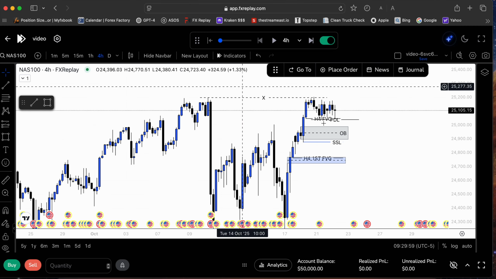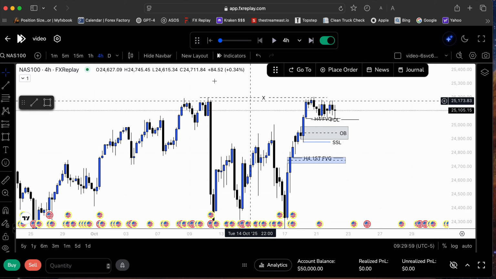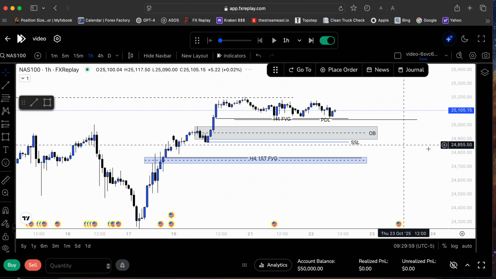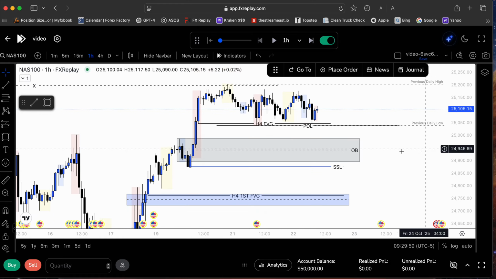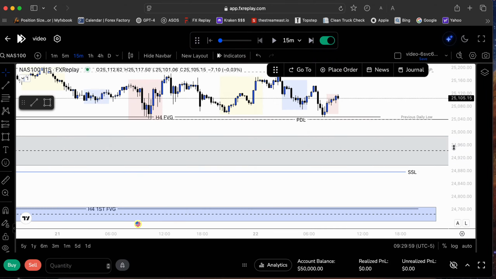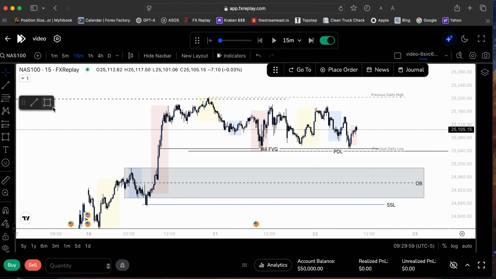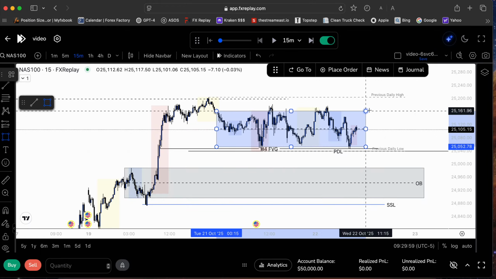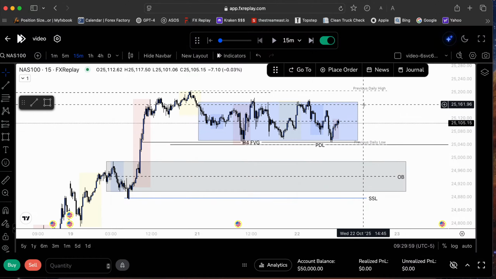Now that we have all the draws laid out, we see what the overall market is trying to do. We're going in with the mindset that these are all the draws we're trying to aim for, potentially. Now we go on the M15 and take a look at the market, and again we're seeing a huge range right here, which means we have to sit on our hands and wait for it to break out of the range.